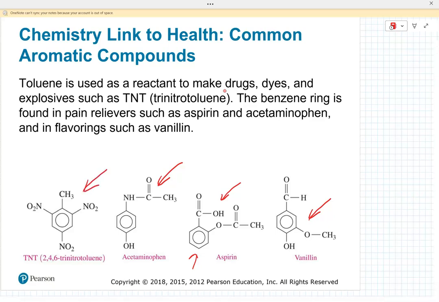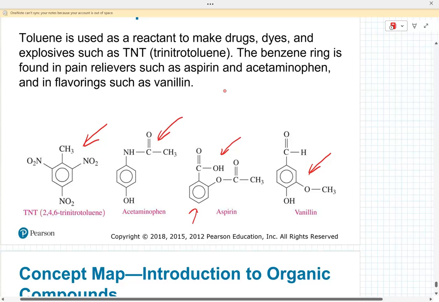And this is TNT, trinitrotoluene. There are different relatives of that compound. They all are explosive, but TNT is the best. Okay?